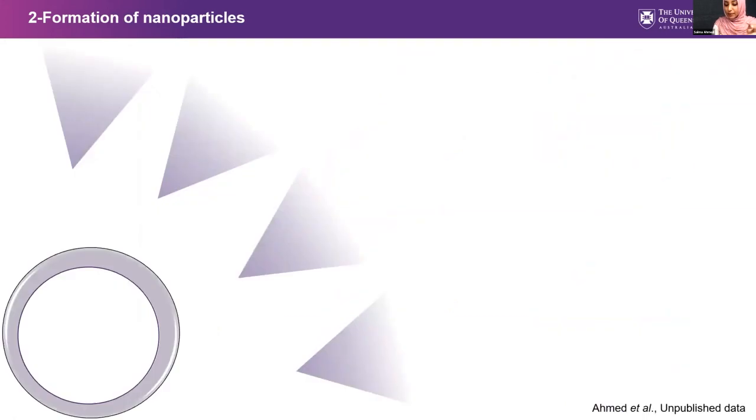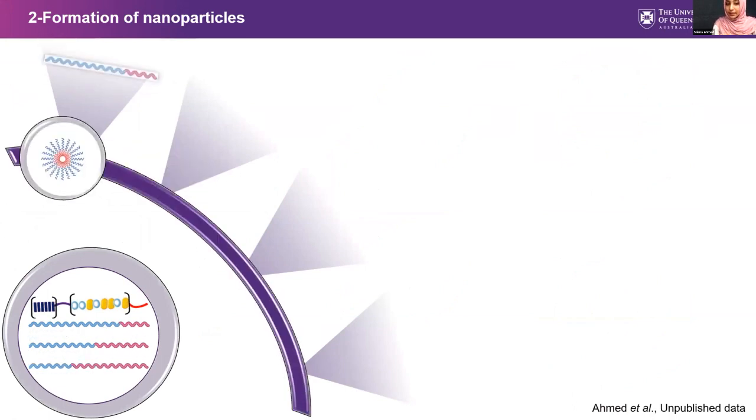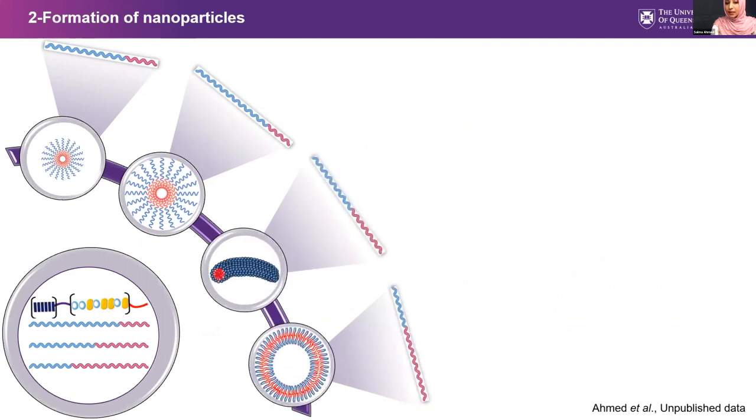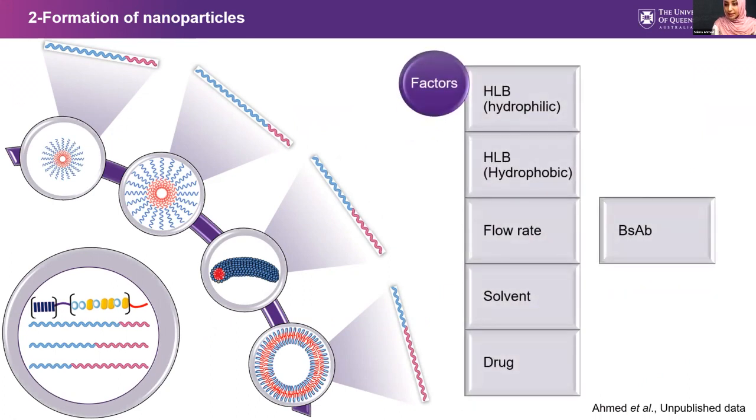So we should keep in mind that varying the length of the hydrophilic and lipophilic blocks will result in different types of nanoparticles, ranging from small micelles to polymersomes. And there are numerous factors actually that contribute to what type of nanoparticle we get. So I'm not going to talk here about how to tune these factors.